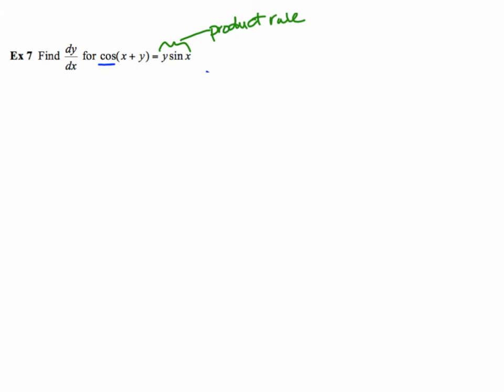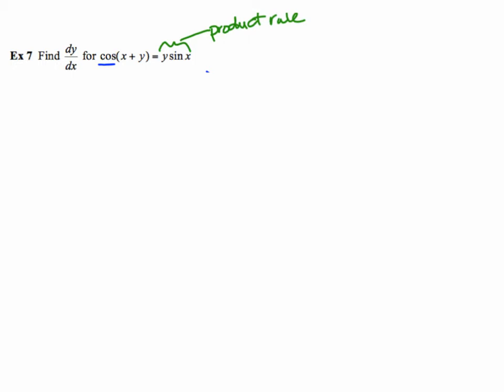This is the last example. It says find dy dx for cosine of (x plus y) equals y sine x. So when I take a look at this, I know that I can take the derivative of cosine, because the derivative of cosine is negative sine.